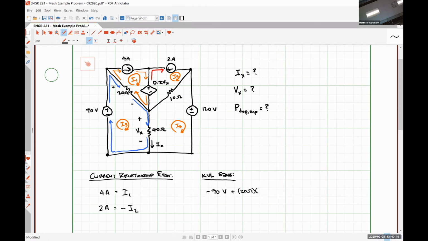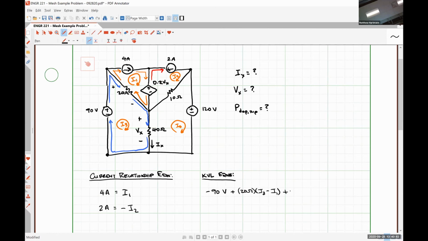Mesh current I3 will be thought of as entering the positive polarity terminal of all of our resistors. And again, anything that's opposite that direction is going to be a negative sign. So in this case, I3 enters the positive polarity terminal and I1 enters the negative polarity terminal. So that voltage drop is then simply 20 times (I3 minus I1).